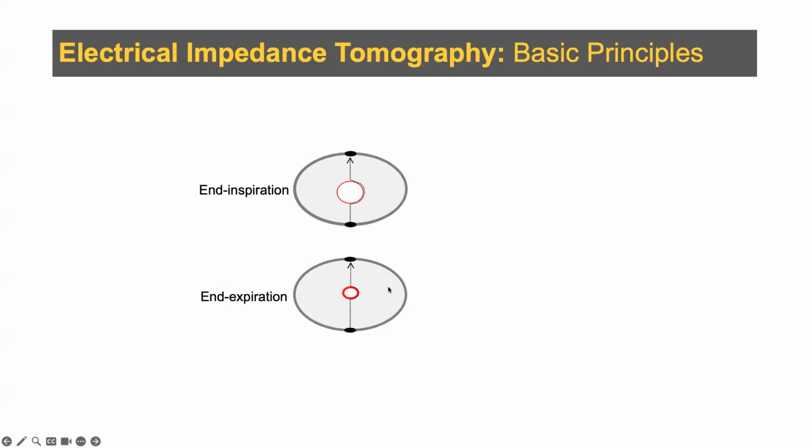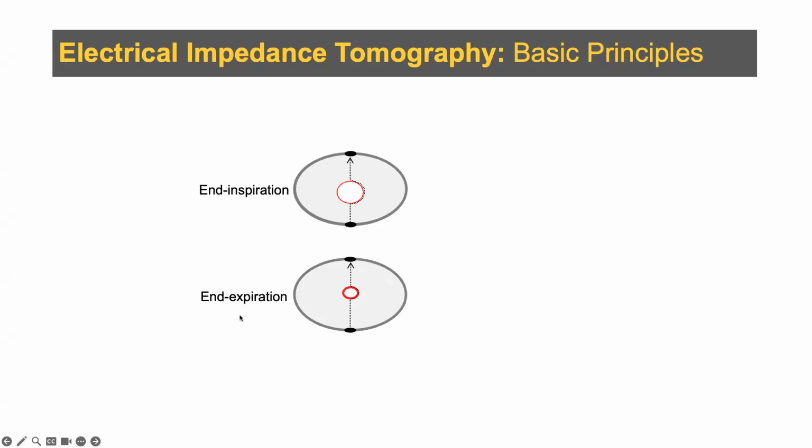This is a simplified diagram summarizing how lung impedance changes due to the current application. In this, we have two electrodes, one acting as an injector and the second as a receiver, and the red circle represents the alveoli wall.